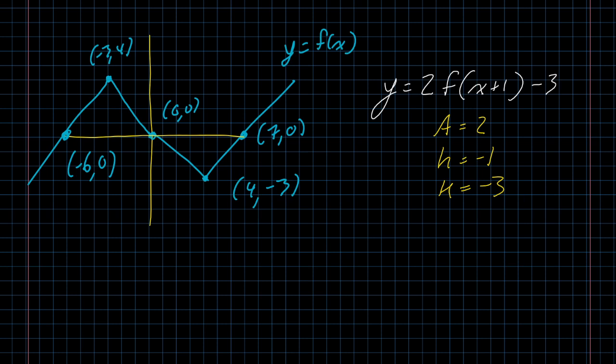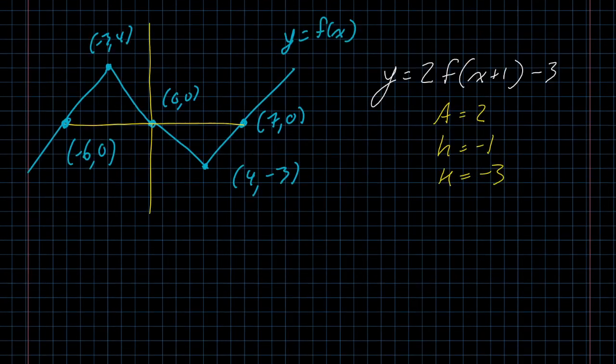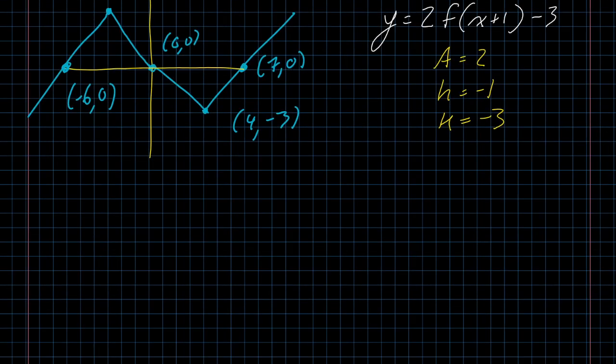One of the things that I find useful in dealing with several transformations at the same time is to create a table of points. We created tables of points in order to graph functions in the first place. So nothing new going on there.